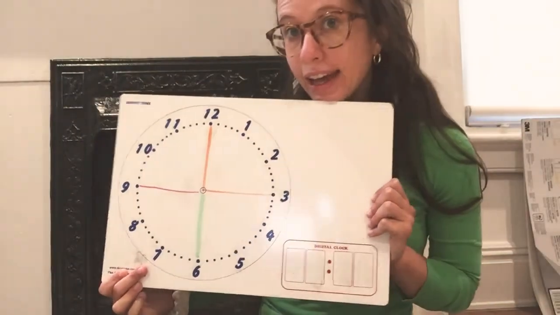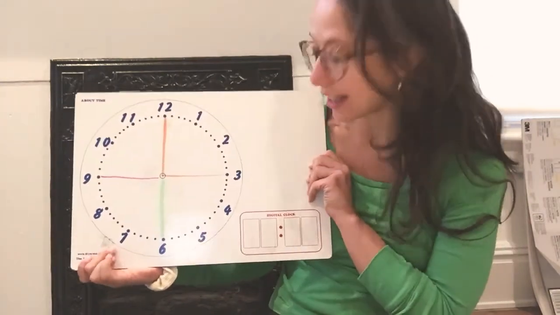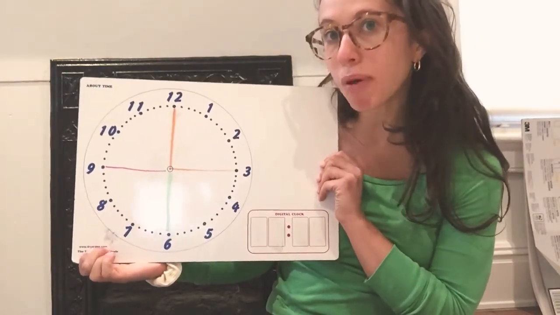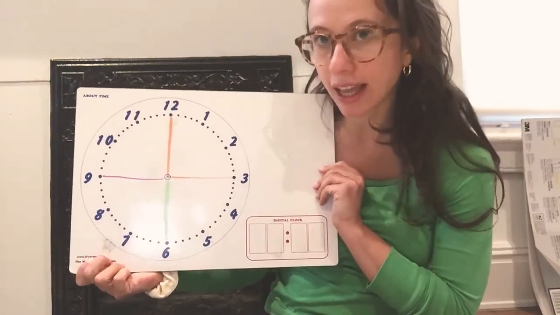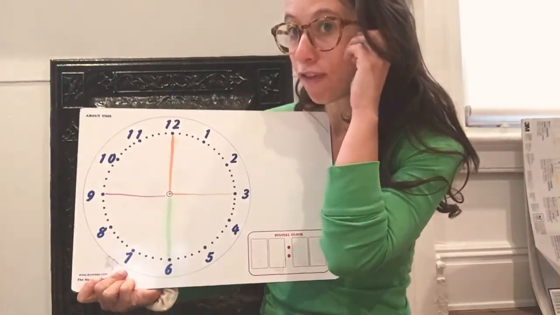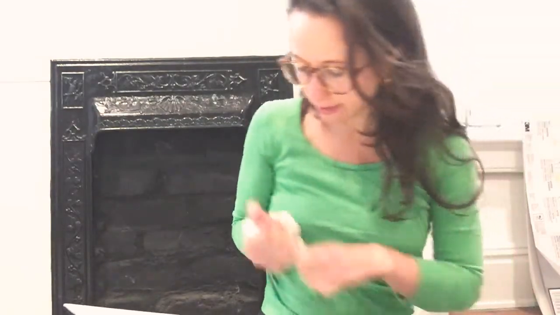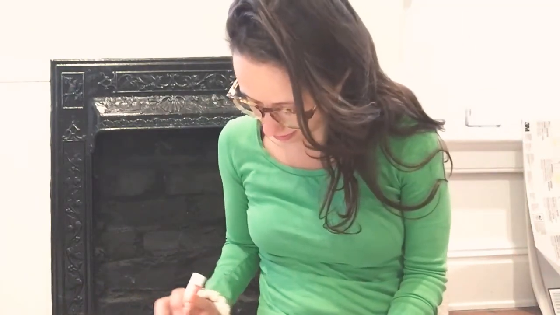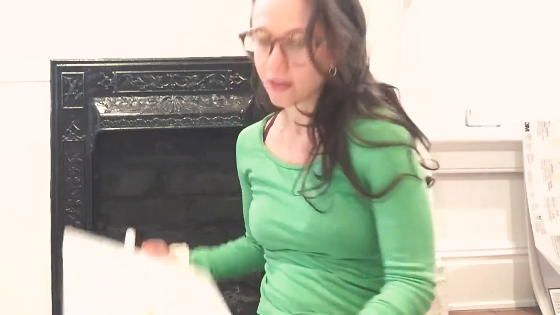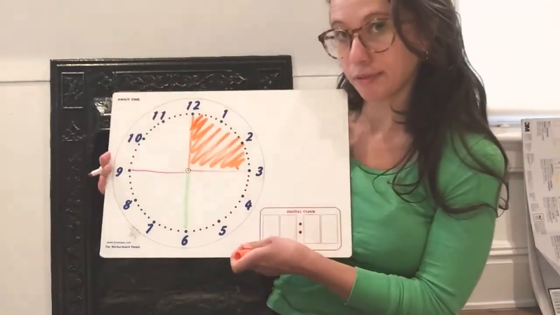Remember I said quarters are 4 equal parts. Now, when you look at a clock, you can actually divide a clock into 4 equal parts. It's kind of like a pizza that I divided into 4 equal parts. I'm gonna color them in so that you can see. Here's the first quarter.